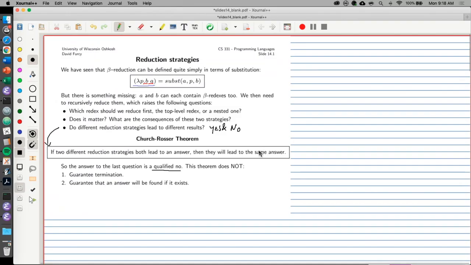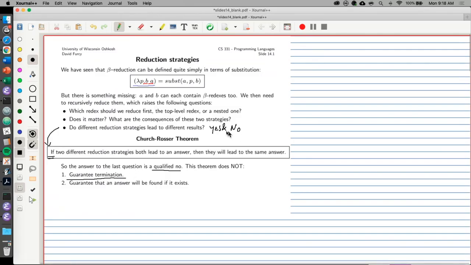However, the theorem doesn't say that when you use a strategy, you're guaranteed to get an answer. And we'll see an example on the next slide. So there's an if here, right? If a strategy gives you an answer, then it will always give you the same answer as any other strategy that gives you an answer. But the theorem doesn't say that every strategy will terminate and give you an answer.